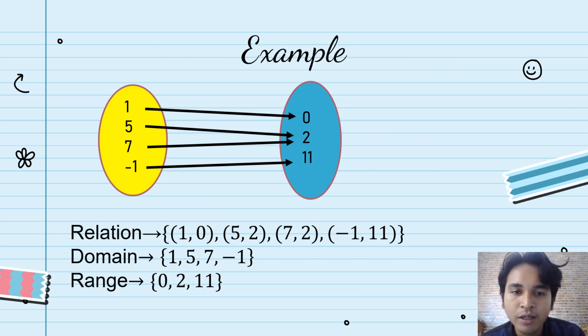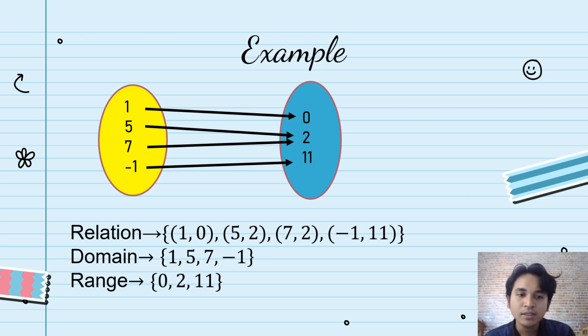For the example, I have two sets. The yellow circle is {1, 5, 7, -1}, and the codomain, the blue circle, is {0, 2, 11}. The yellow color is the domain and the blue color is the codomain.